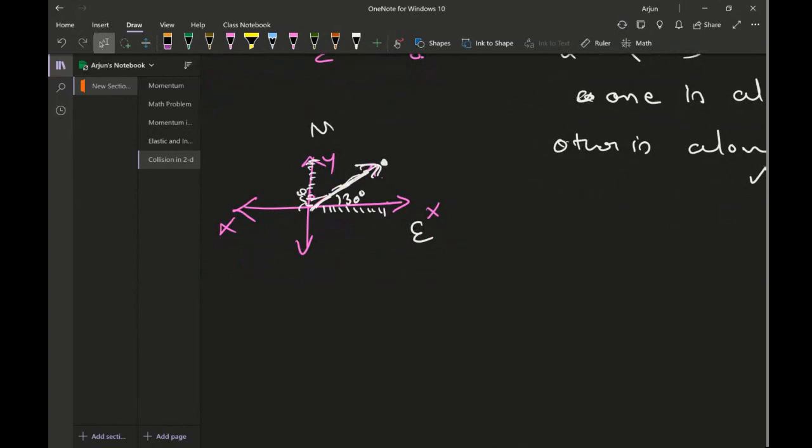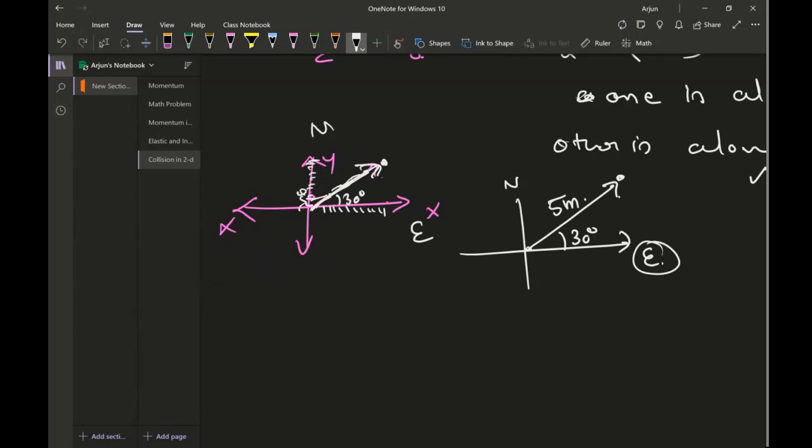I'll take a very basic example here. What we will do is find the components of a given vector. So if a person is moving along this direction at an angle of 30 degrees north of east, and he covered a displacement of 5 meters, I want to find how much displacement he covered in the east direction and how much in the north direction.